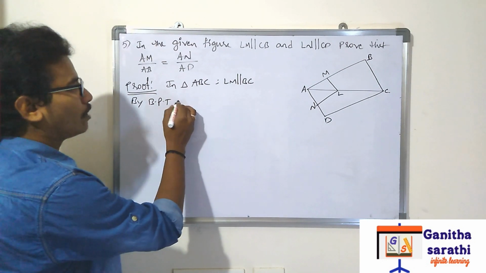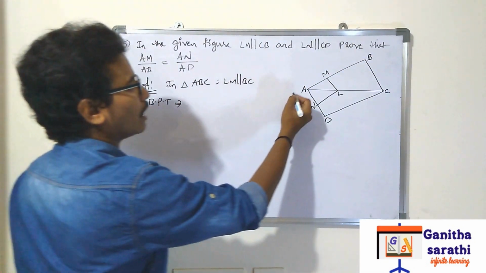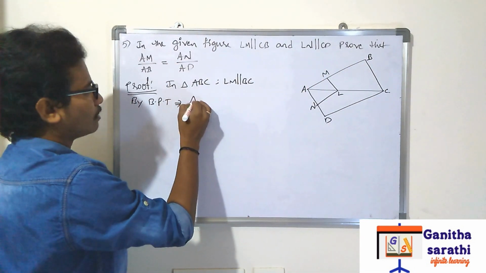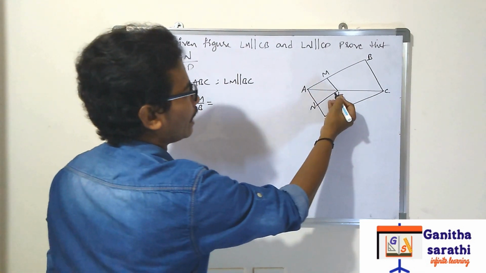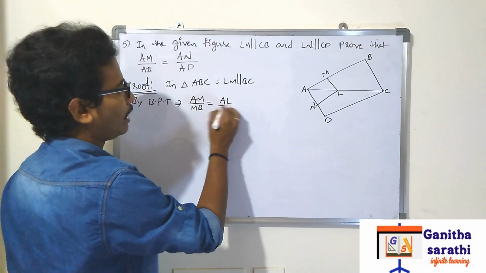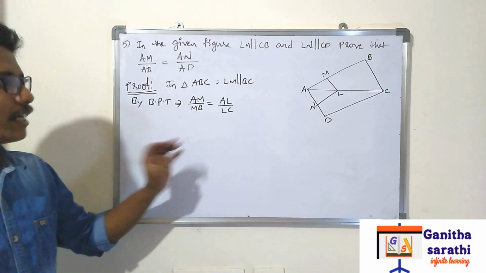LM is parallel to BC means how can you write the condition? AM by MB is equal to AL by LC. This is the condition.